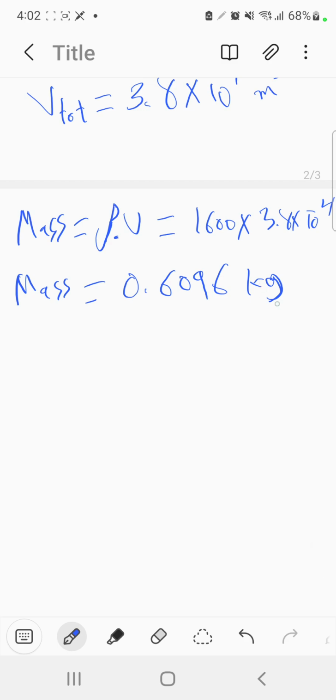After we find the mass, now we can go and find the submerged volume from the forces acting upon this ball, the spherical shape. So let's say summation of all forces on the y-axis.